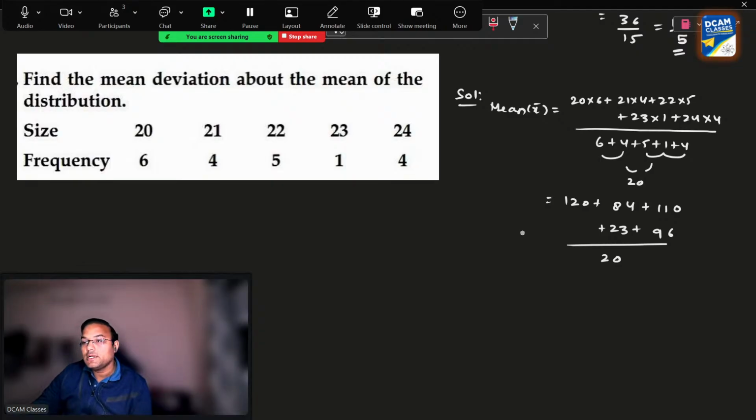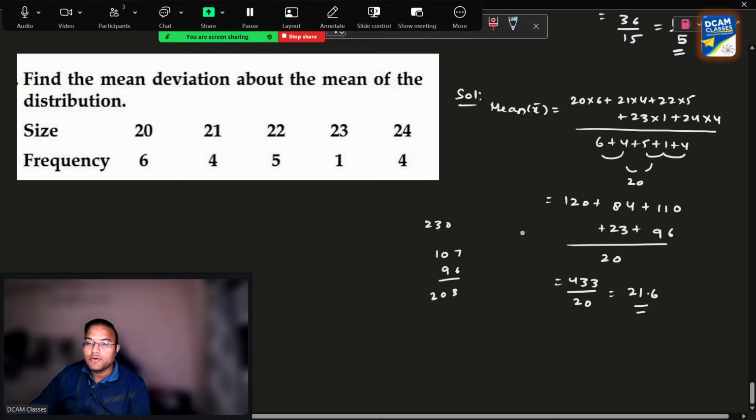Wait, let me do it. 120 plus this 230, plus 230 plus 107 plus 96, 203, 433. 433 by 20, which will be something 21.6 approximately. Mean you have got.